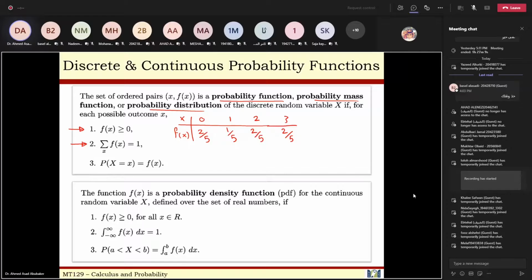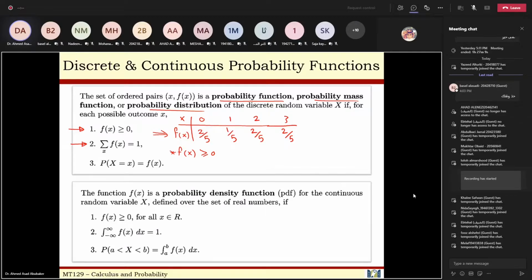So we can see f of x is greater than or equal to 0. Look at this f of x: none is negative. All of these are greater than or equal to 0.